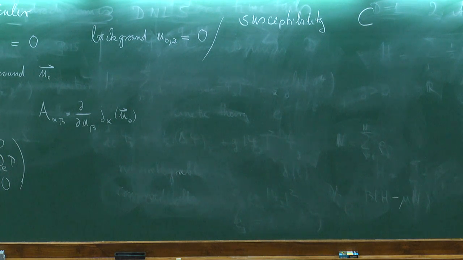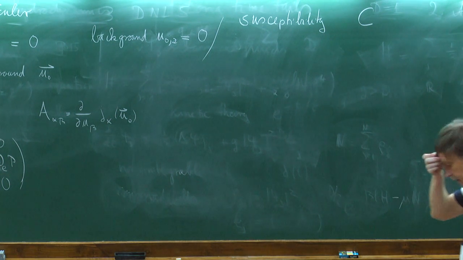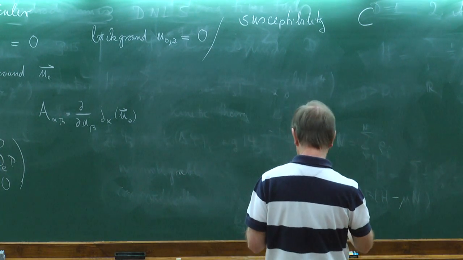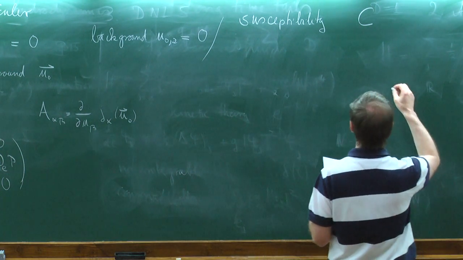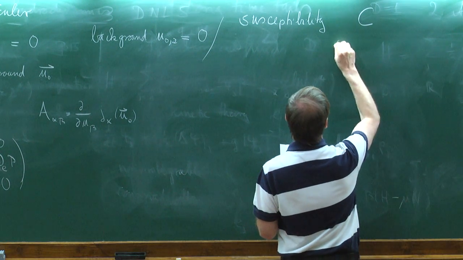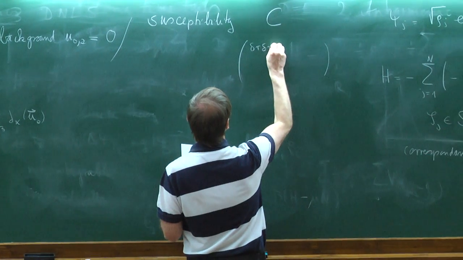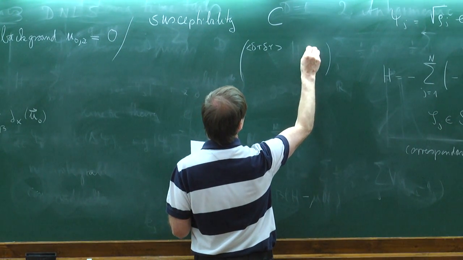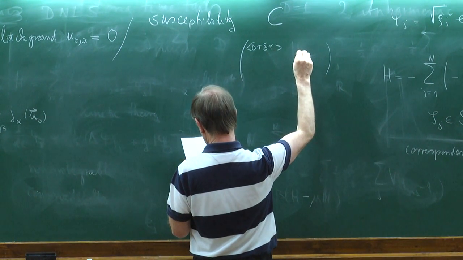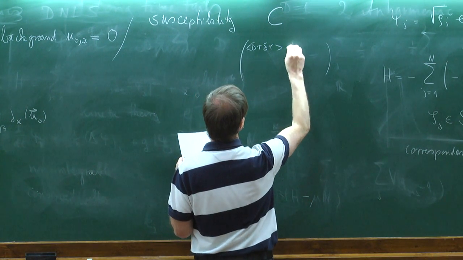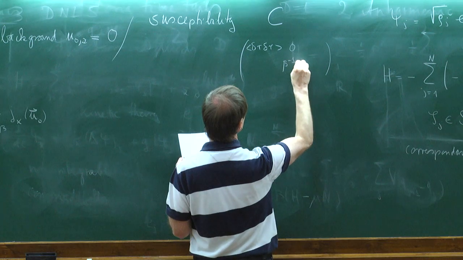Since in our case things are independent, it's just this property of a single site. So the susceptibility matrix simply means the equilibrium correlations of the fluctuations in I. Okay, and then you have here, well, we do this at zero background. So here you have zero, and you have the inverse temperature sitting here.